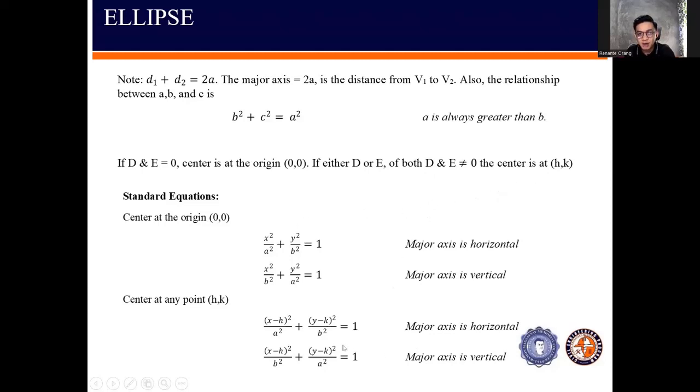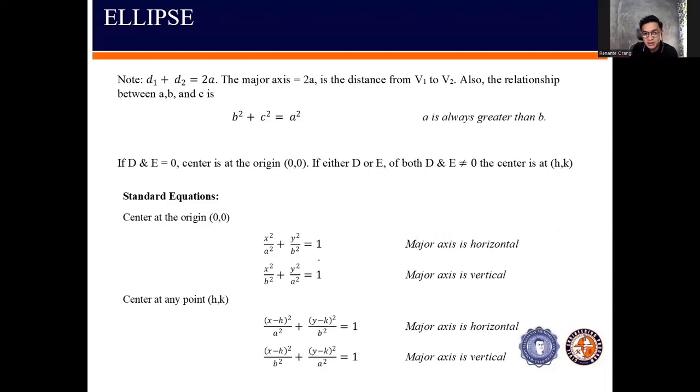So, here are our standard equations for the ellipse. For example, if our center is at the origin, x squared over a squared plus y squared over b squared is equivalent to 1. That is when our major axis is horizontal.